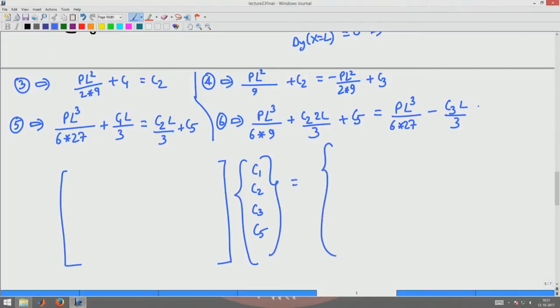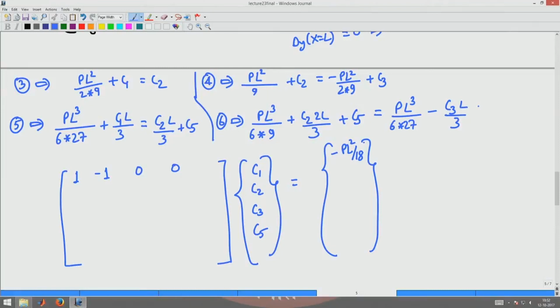This should be equal to the right hand side, whatever we are getting. In the first equation, the coefficient of C1 is 1, the coefficient of C2 is minus 1, C3 is not there, so this is 0, C5 is not there, so that is 0. That should be equal to minus P L square by 18.